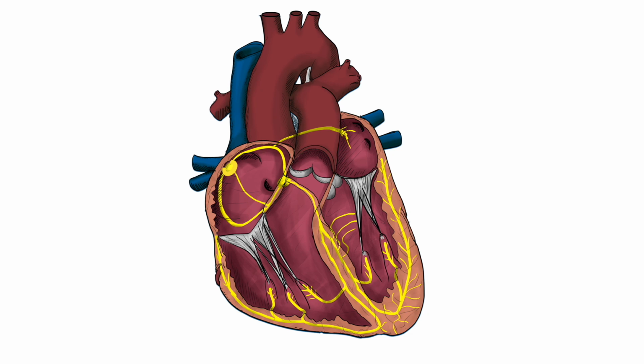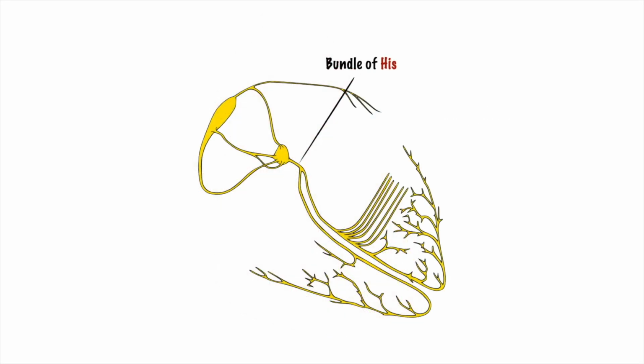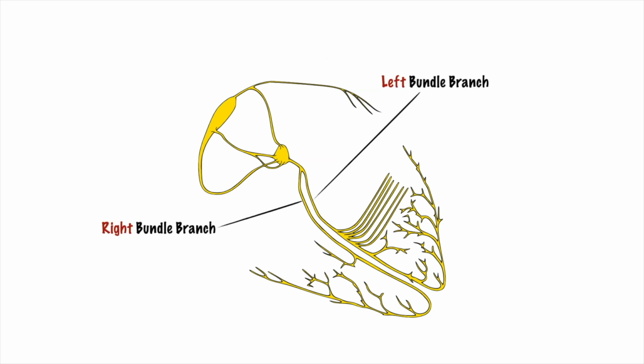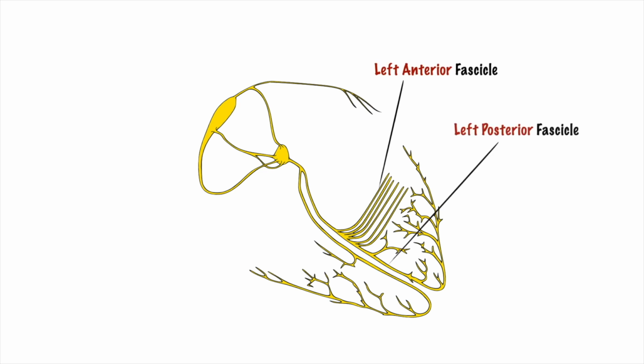Now that blood has made it into the ventricles, the depolarization wave reaches the bundle of His fibers, which then divides into left and right bundle branches. Each of these supply one ventricle respectively. The left bundle branch then splits again into an anterior and posterior fascicle.